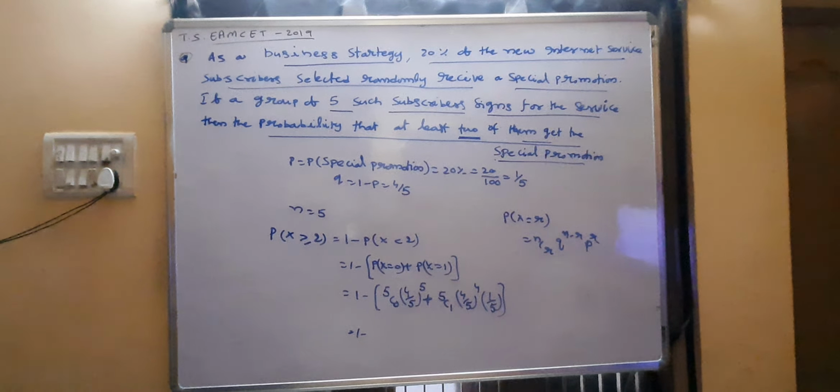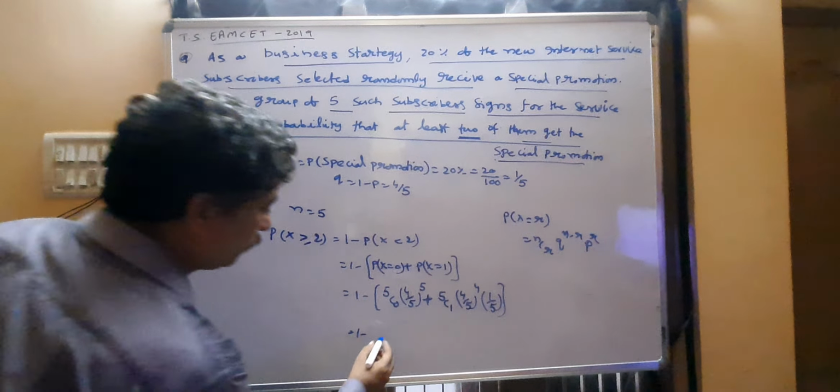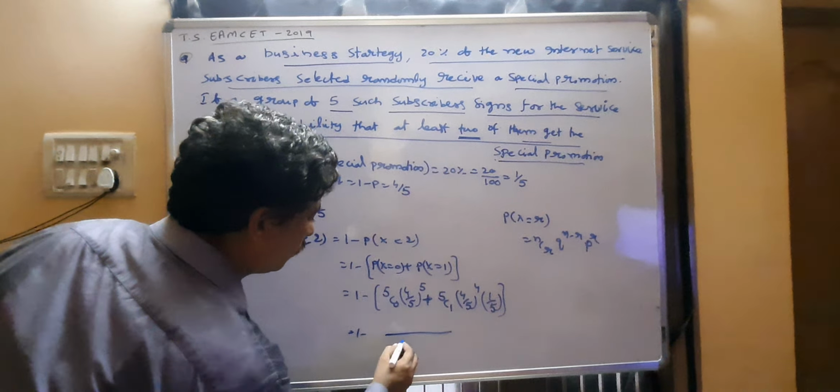So we get the calculation: 1 minus [5 fives are 25, 25 fives are 125, 125 into 25 is 3125 as the LCM. 4 power 4 is 256, 256 into 5 is 1280, and 256 into 4 is 1024].